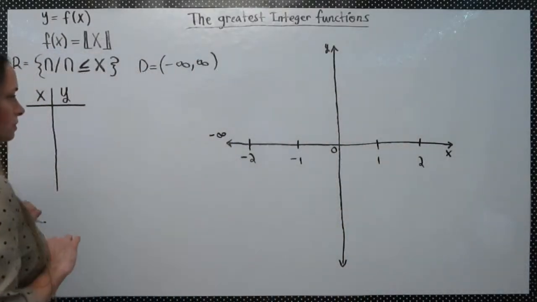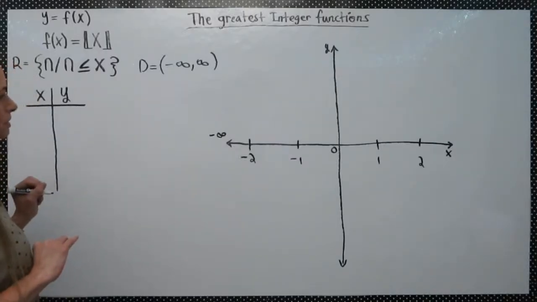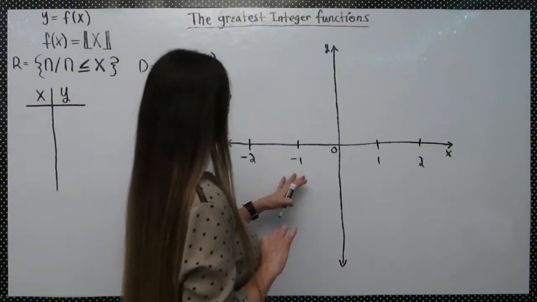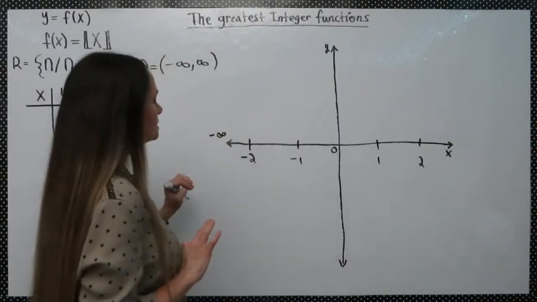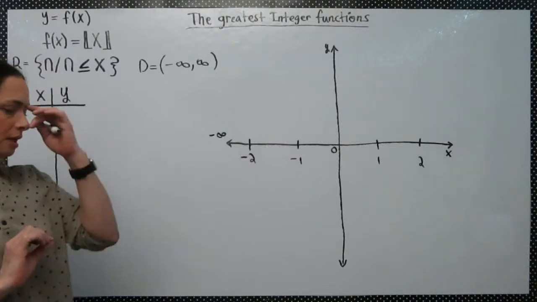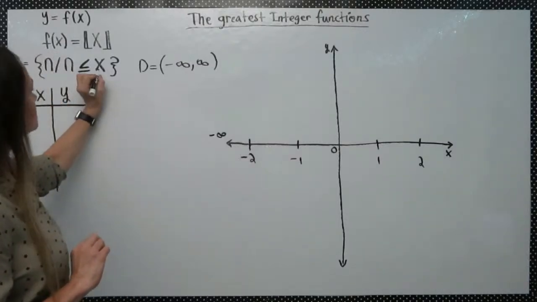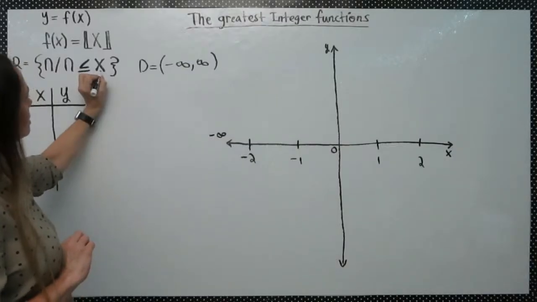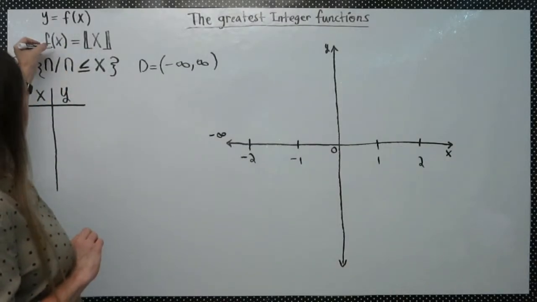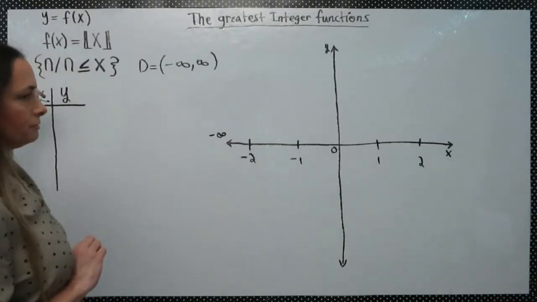So what we're going to do is pick some values in between 1 and 2, because what it's doing is taking any number in the domain and making a decision, and it's returning a value that is only an integer.